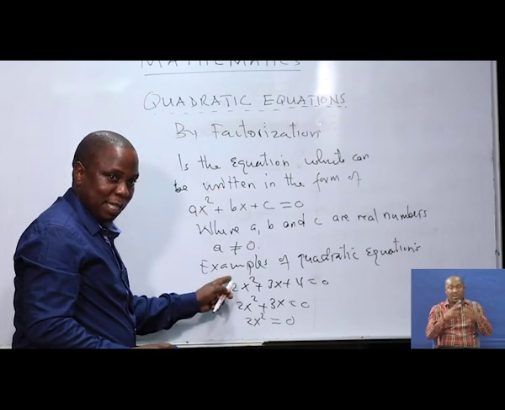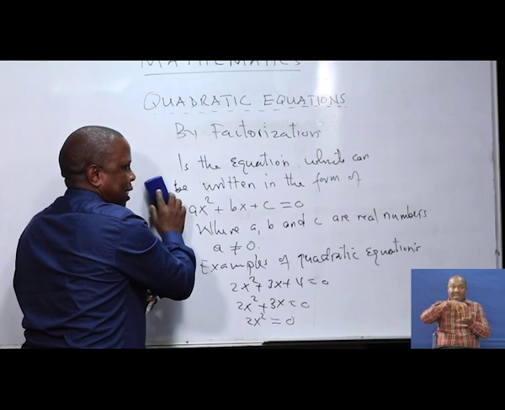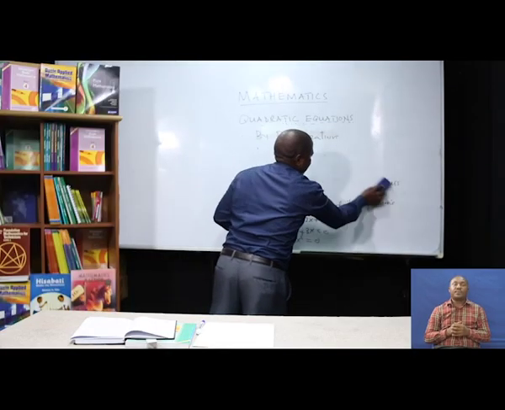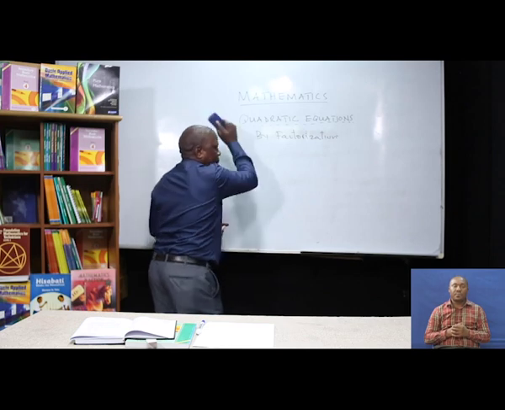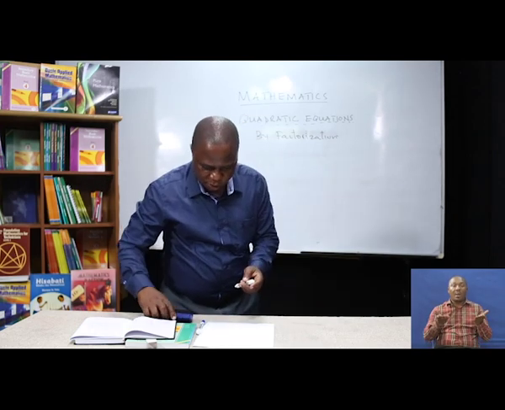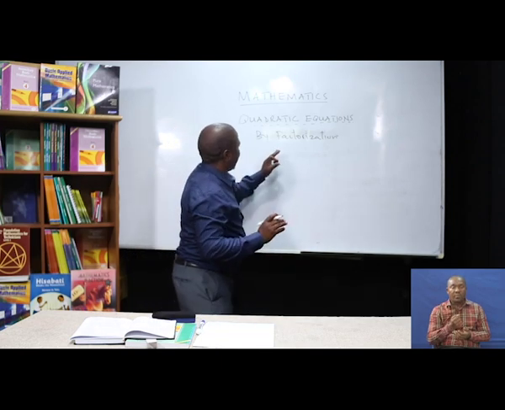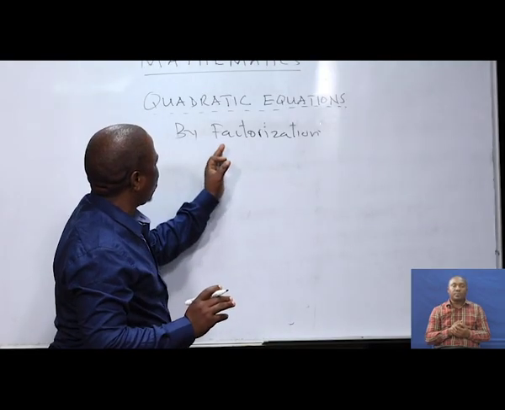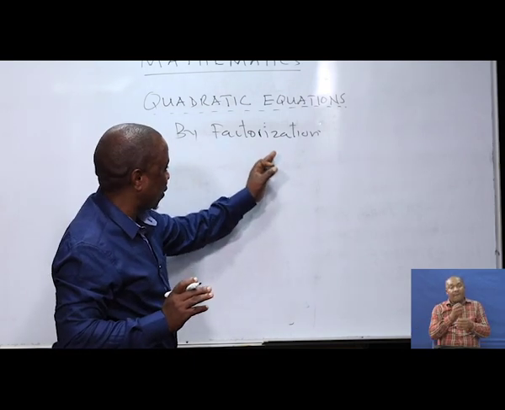Let me clear some space here so that we can show how we can solve quadratic equations. I'm sure that everyone knows how we factorize from the previous topic, which is taught before this one.